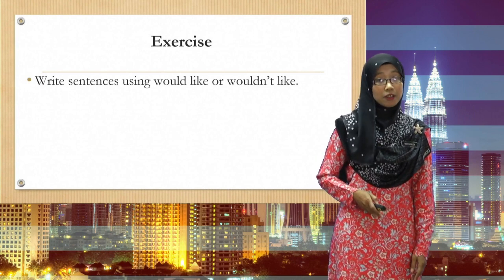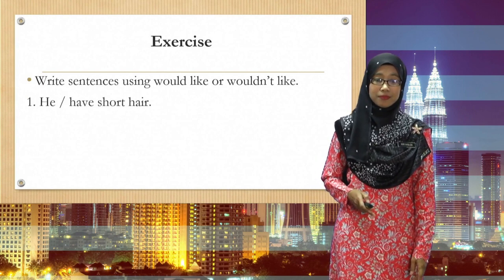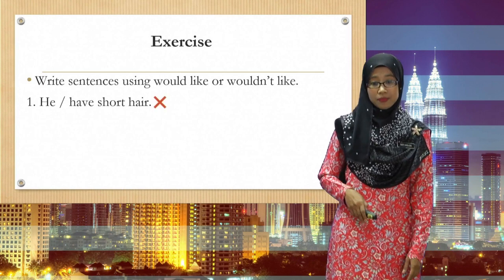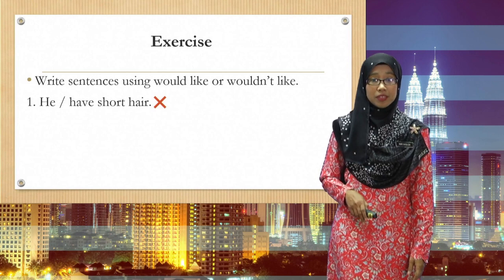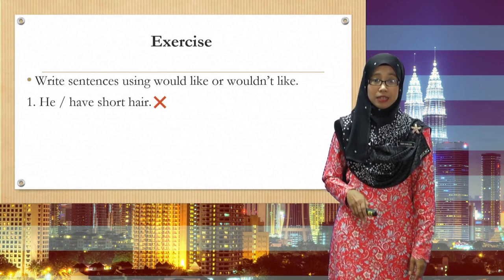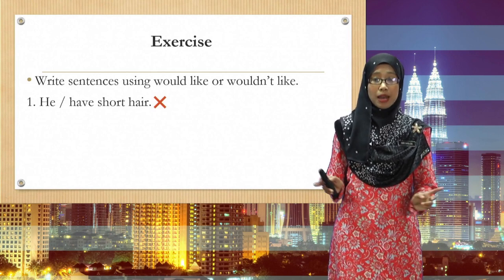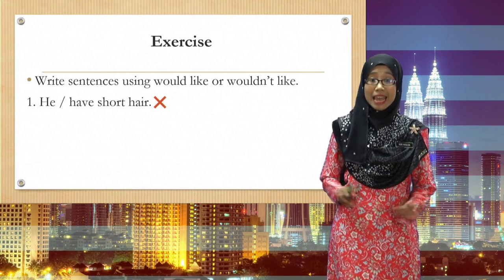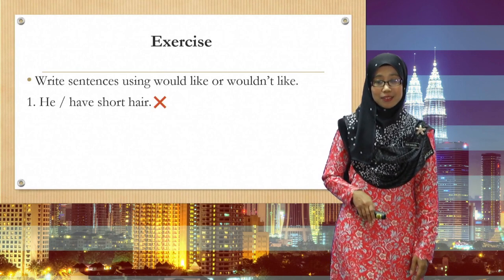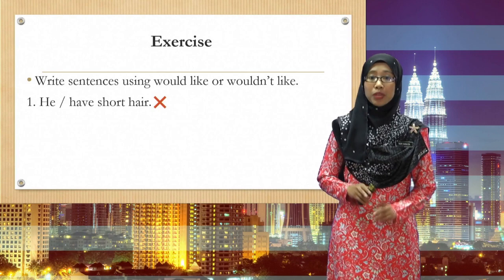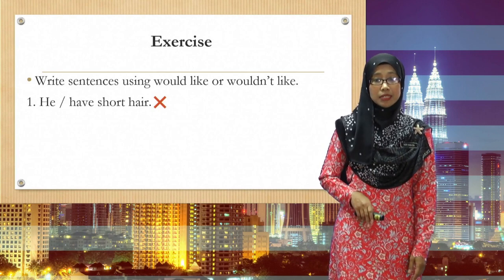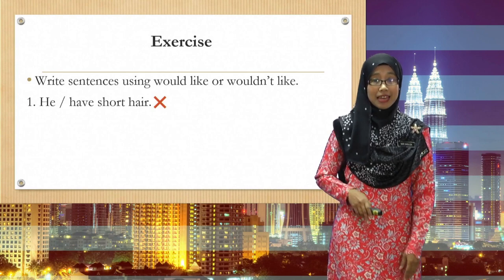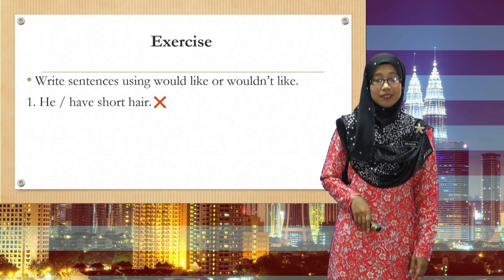Let's look at the first question. He (have) short hair. The cross symbol here tells you to write this sentence in negative sentence. Do you understand? We have to write wouldn't like for question number 1 because it has a cross.